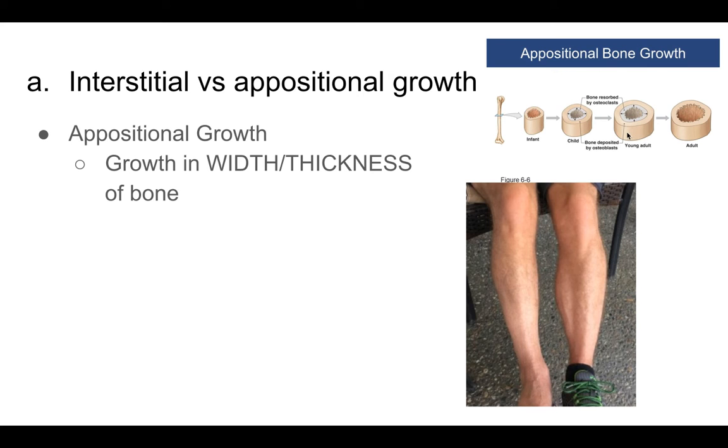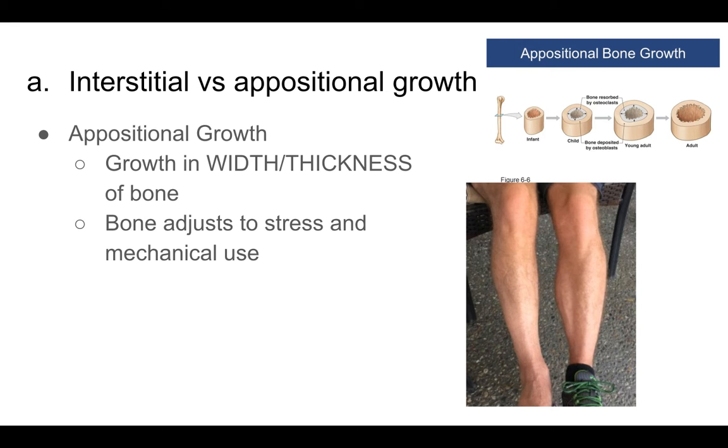And then as we mature, as we continue into adulthood and even age, that thickness declines again. So it is kind of thin when you are born, and it thickens as you grow. And then you hit a certain point in your life where appositional growth slows down, and your bones become more thin.